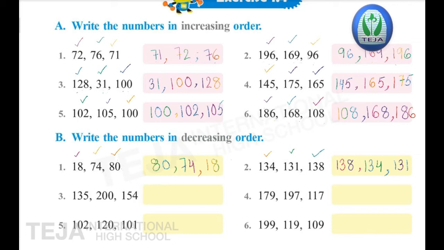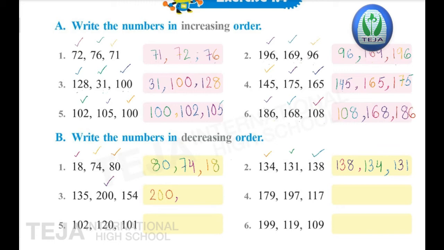Next, the third question, children. In third question, the three numbers are 135, 200, 154. So here the greatest number among these three numbers is 200. So write 200 in the box, children. Next, two numbers are there here, that is 135 and 154.